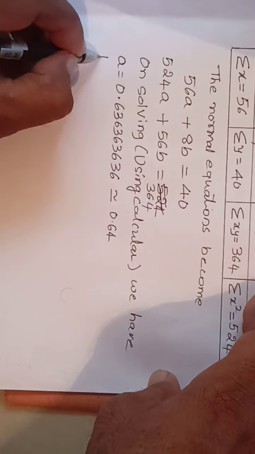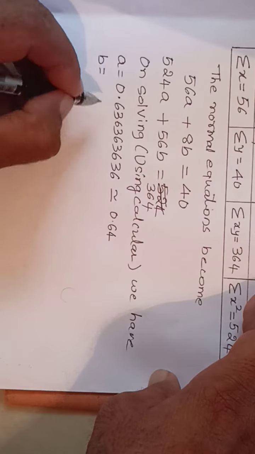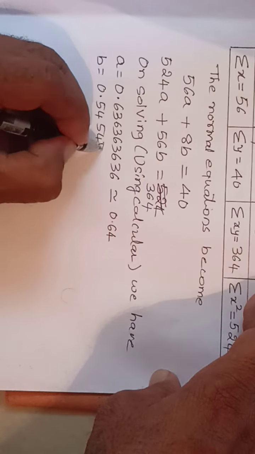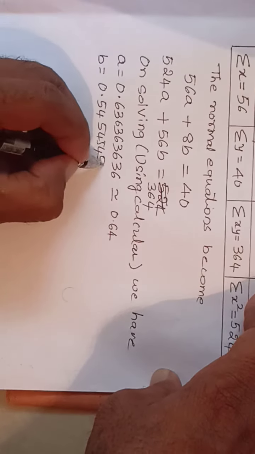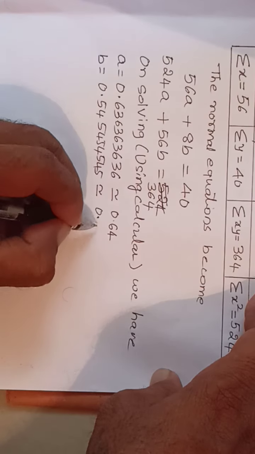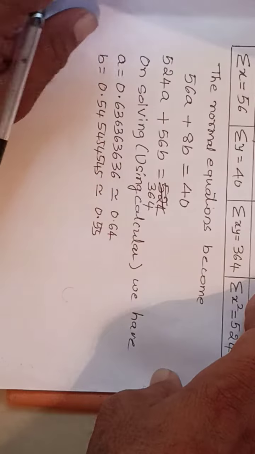The value of b is equal to 0.5454545455, which is nearly equal to 0.55.